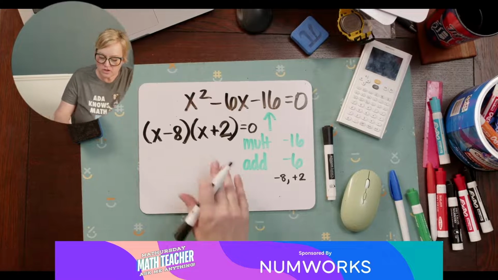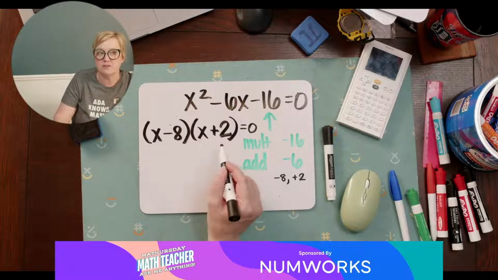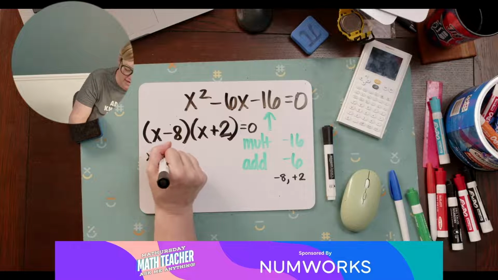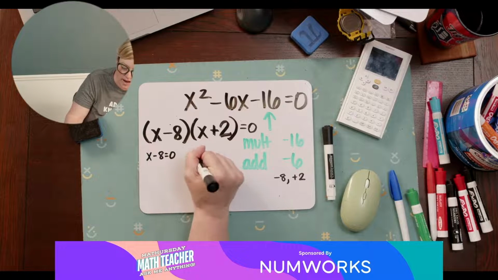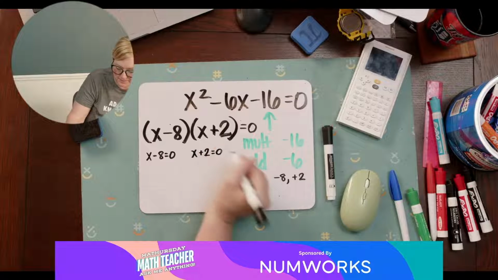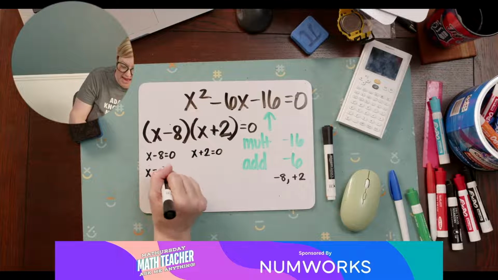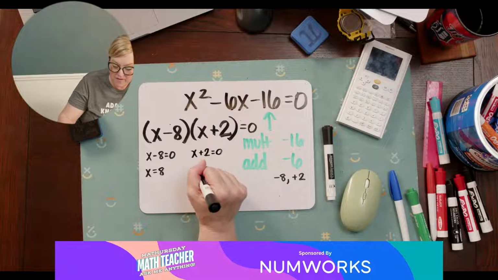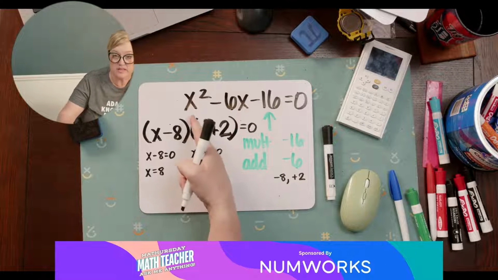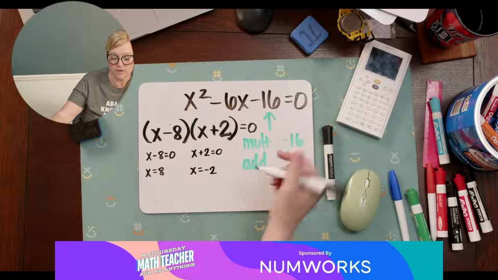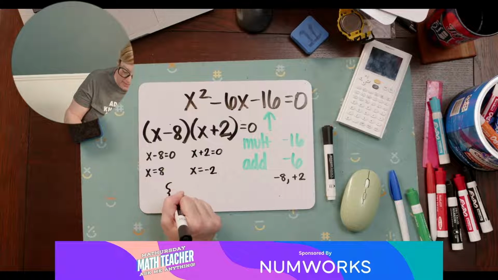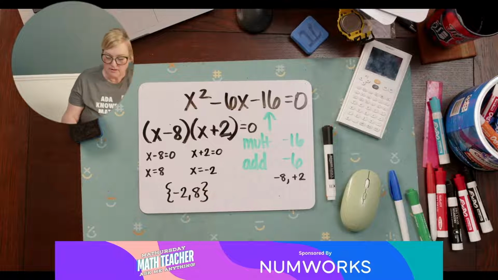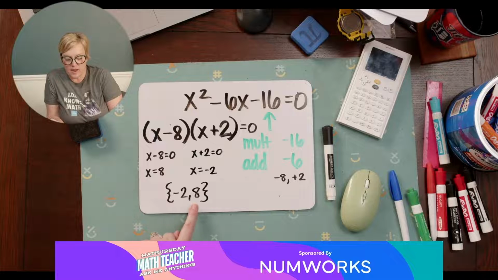So either x minus 8 equals 0 or x plus 2 equals 0. If x is 8, this whole thing equals 0. If x is -2, this whole thing equals 0. Somebody was asking about finding roots. These are my roots: -2 and 8.